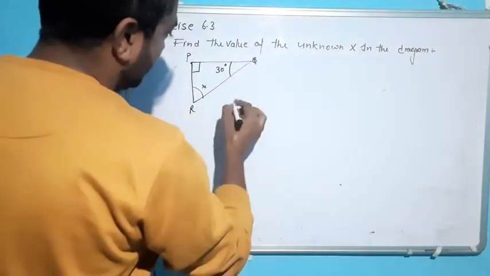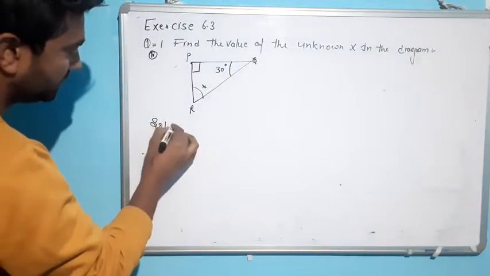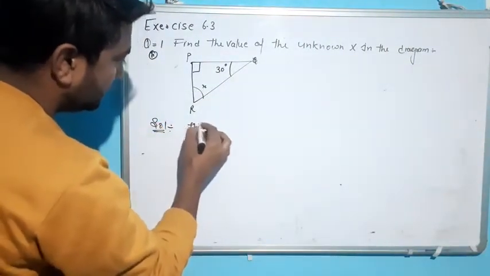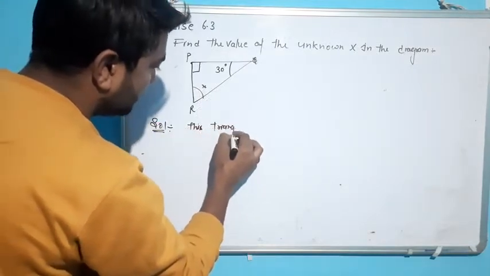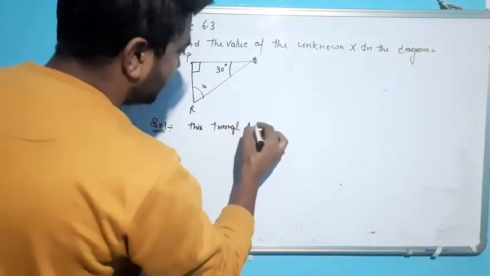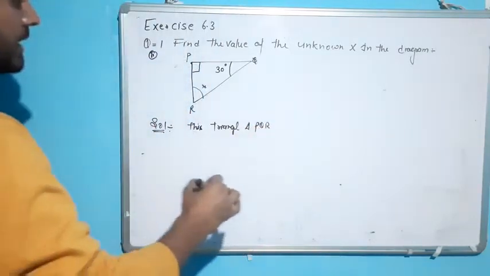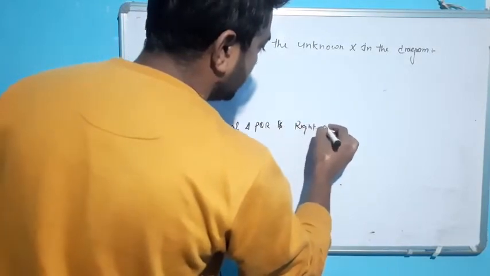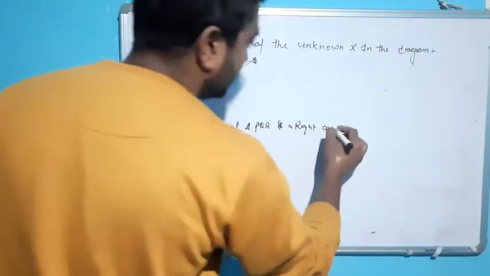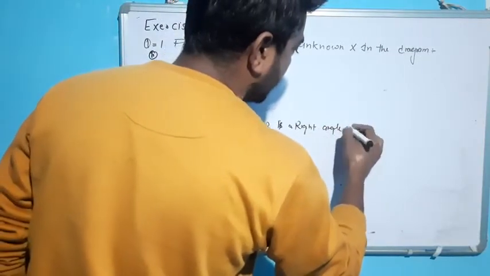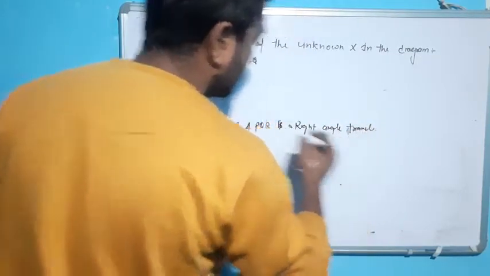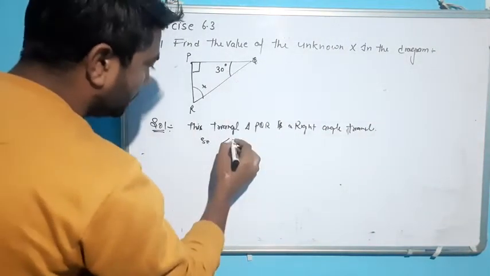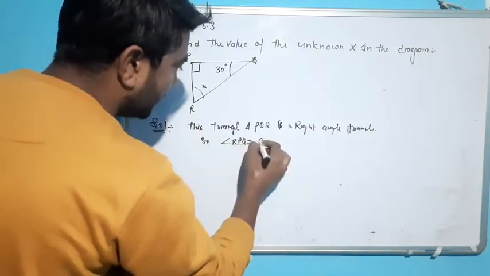So right now finding the solution. This triangle PQR is a right angle triangle, so angle RPQ will be equal to 90 degrees.